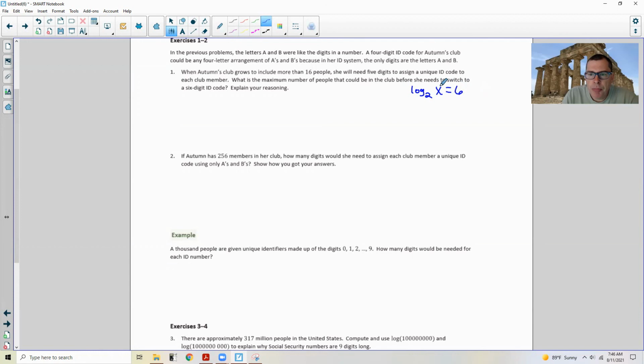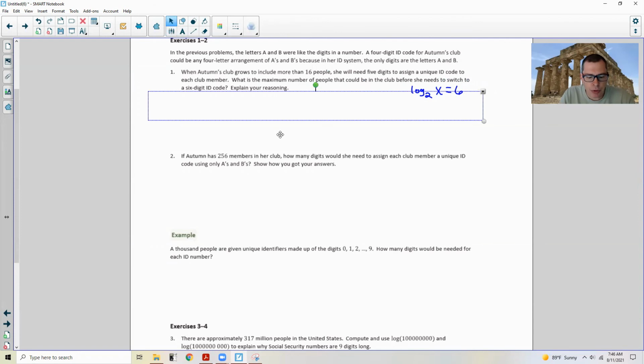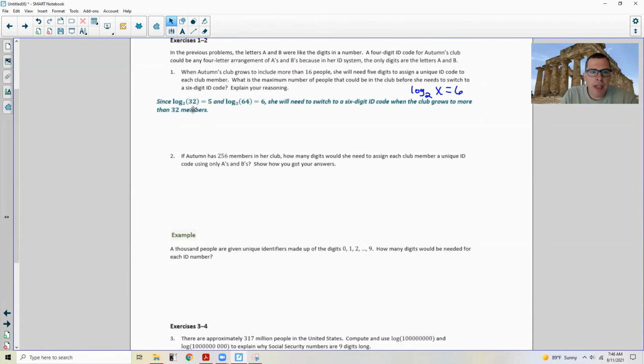So 2 to the 6th power would give me some number. 2 to the 5th power would give me another number. So basically, since log base 2 of 32 is 5, and log base 2 of 64 is 6, she'll need to switch to a 6-digit code when the club grows to more than 32 members.